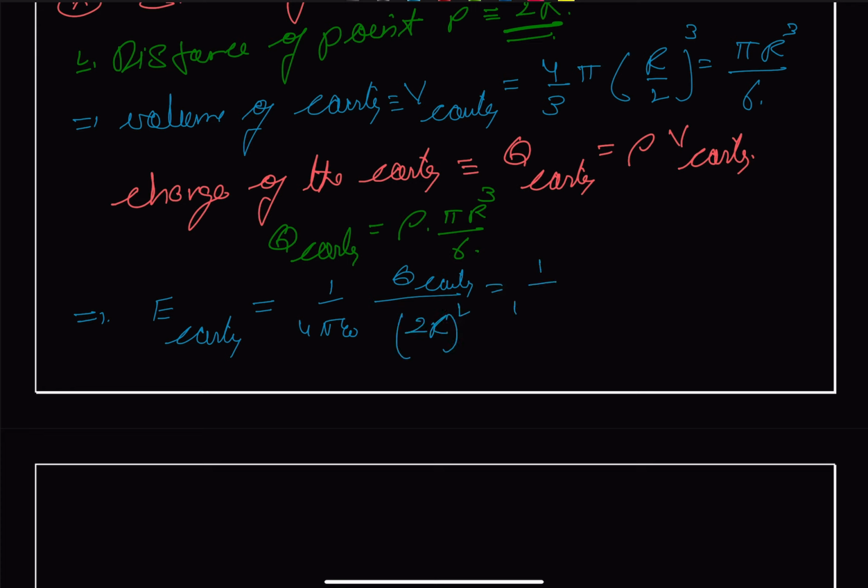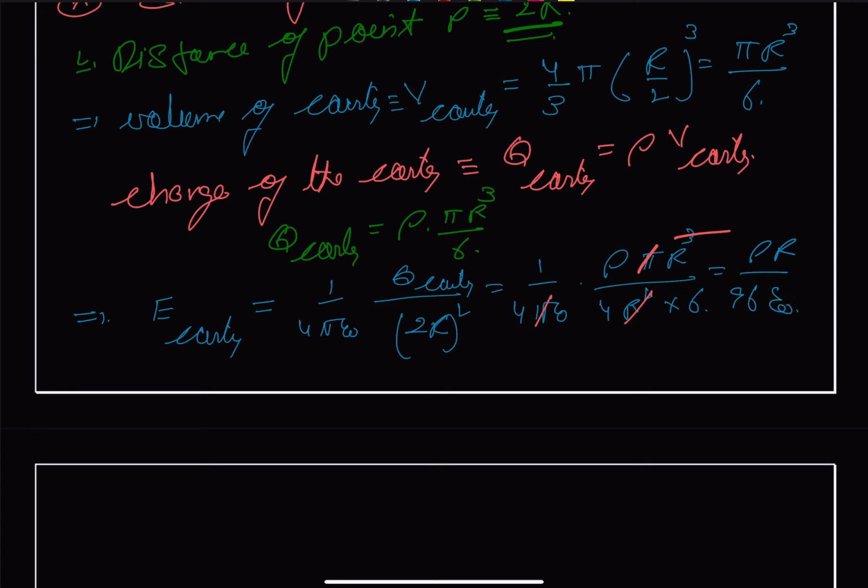This comes as 1 upon 4 pi epsilon naught, Q cavity is rho pi r cube, divided by 4r square and multiplied by 6. We can cancel this r square, take away the cube, and pi goes with pi. So we are left with rho r upon 96 epsilon naught.